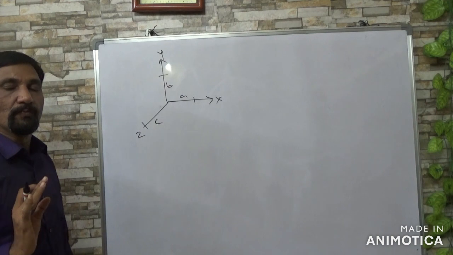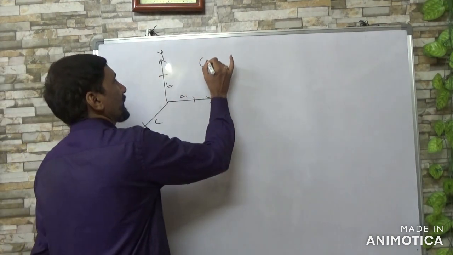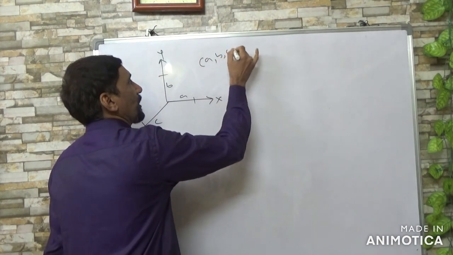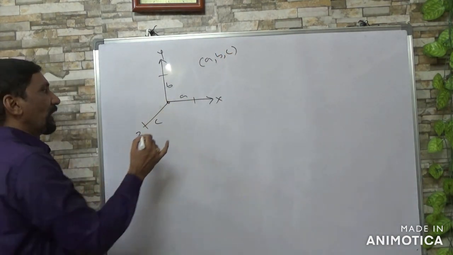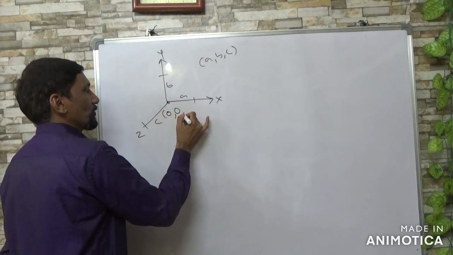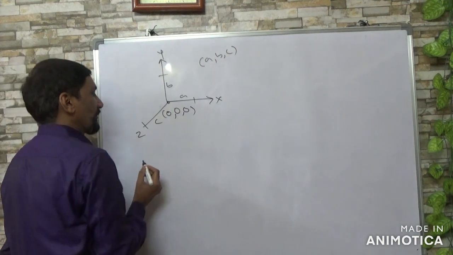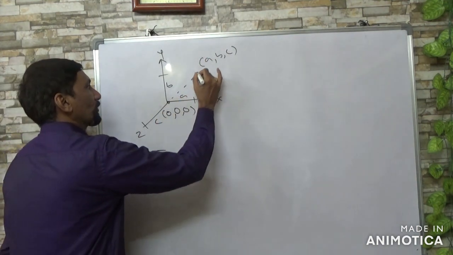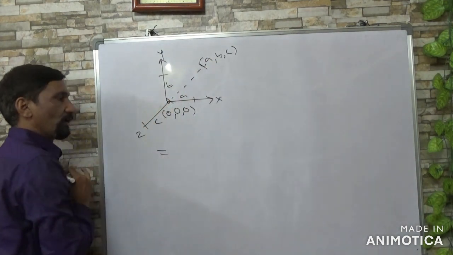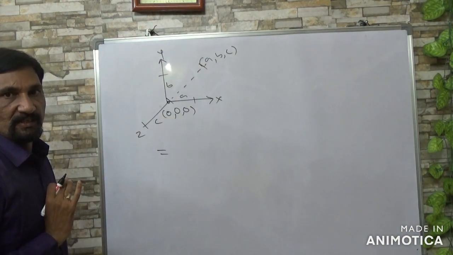You want to know the displacement. So the coordinates are A, B, C from the origin, having coordinates 0, 0, 0. So the distance between them is equal to the length of this vector.